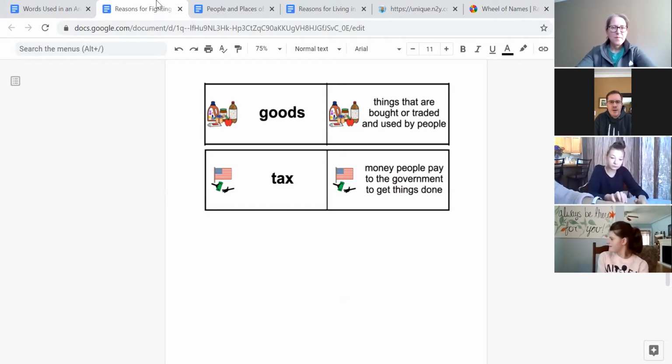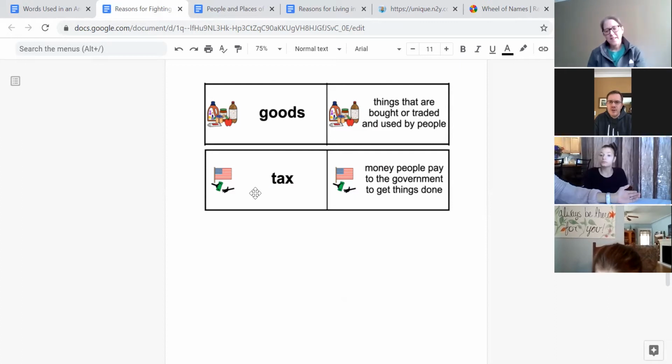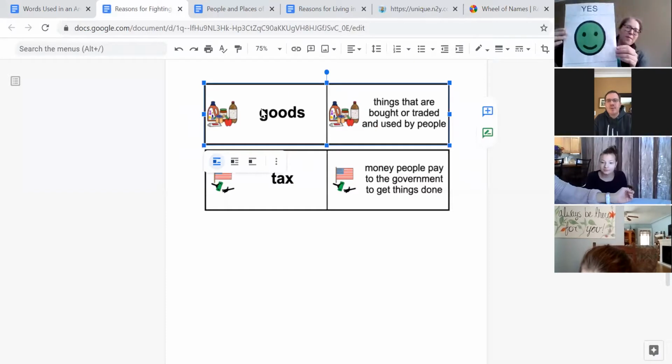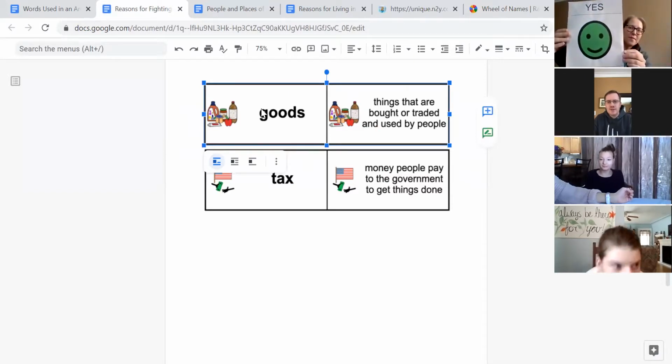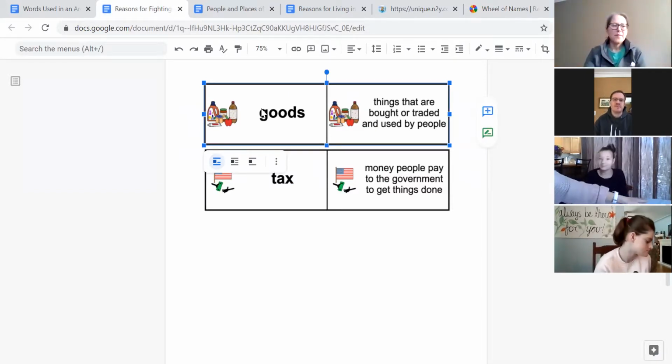And if you look at goods, those are the food and products and other things that people need in their daily life that Miss Cassie mentioned. So do we think it's tax, which is money, that are things that are traded and bought? No, the definition of goods says things that are bought or traded and used by people. And that is the answer to our question.